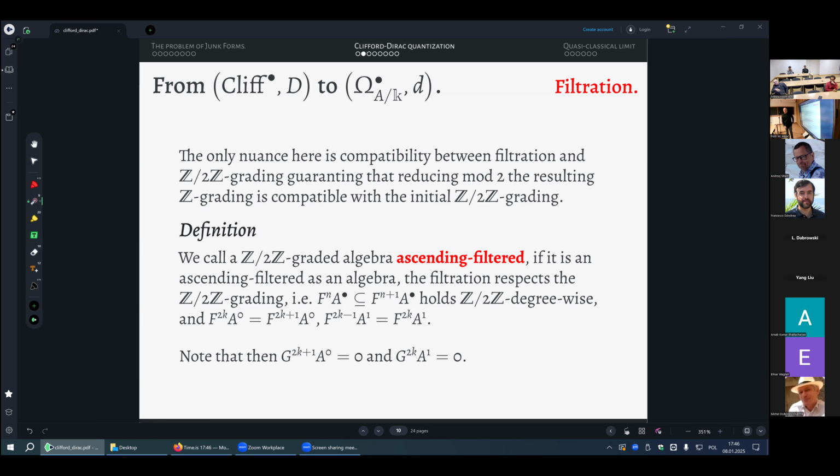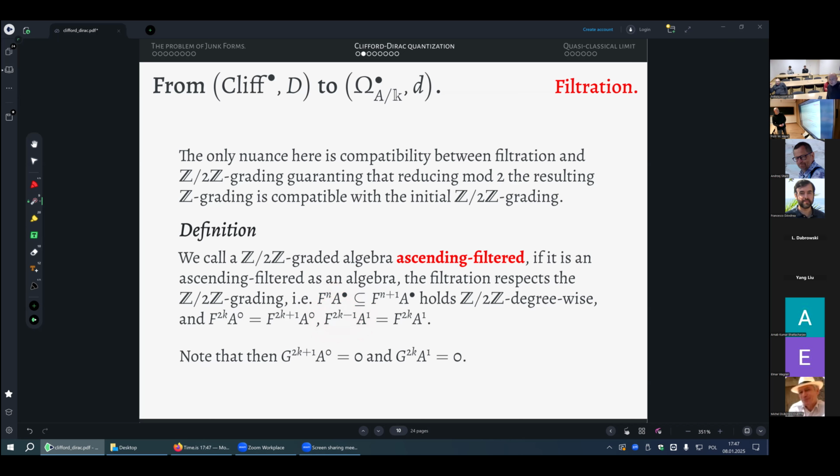Similarly, if you have this odd filtration, the same holds for even elements: even elements cannot come from something of this odd filtration.